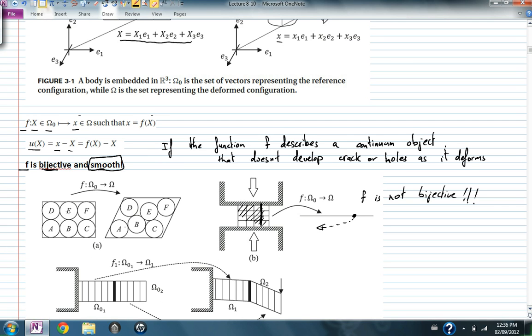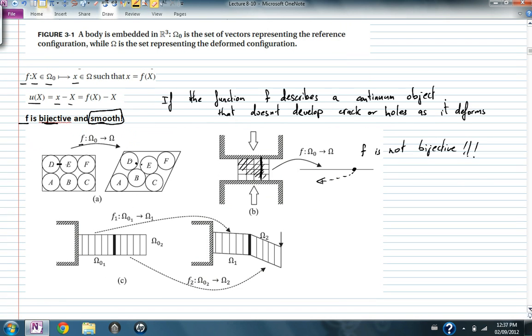As the objects change their neighbors, the continuity of f is lost, because in the reference configuration this point is close to this point. In the deformed configuration this point is far from this point. They are not neighbors anymore. So once elements lose their neighborhood, then it's no longer continuous, and I can't use the elements of continuum mechanics without modification to describe this motion.